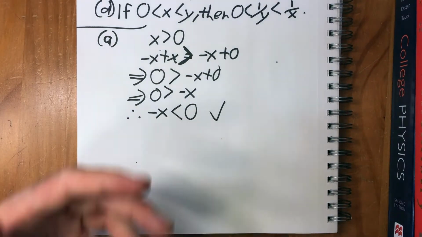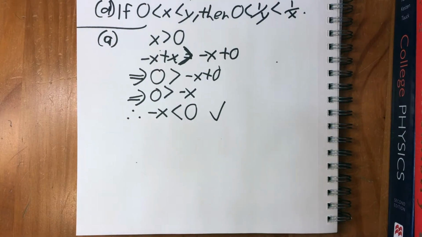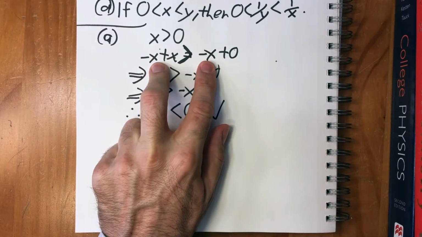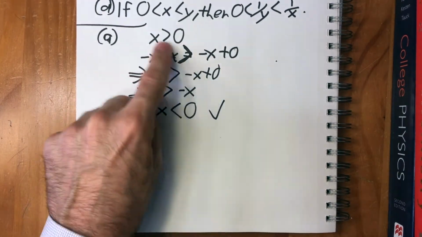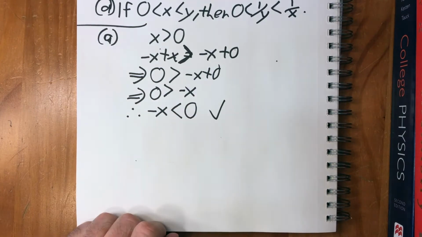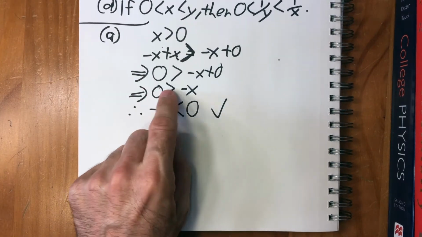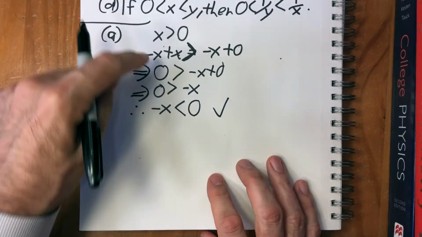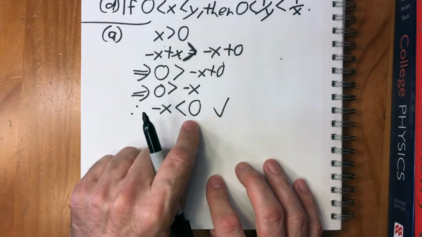And also, since we're just getting started, it really helps to hammer home exactly what we're doing. Because it's easy to go through these steps very quickly, but it's helpful to make yourself identify this is the first property of ordered fields. This is the inverse property. This is the identity property. And if 0 is greater than minus x, then minus x is less than 0. So we've shown that if x is greater than 0, minus x is less than 0.